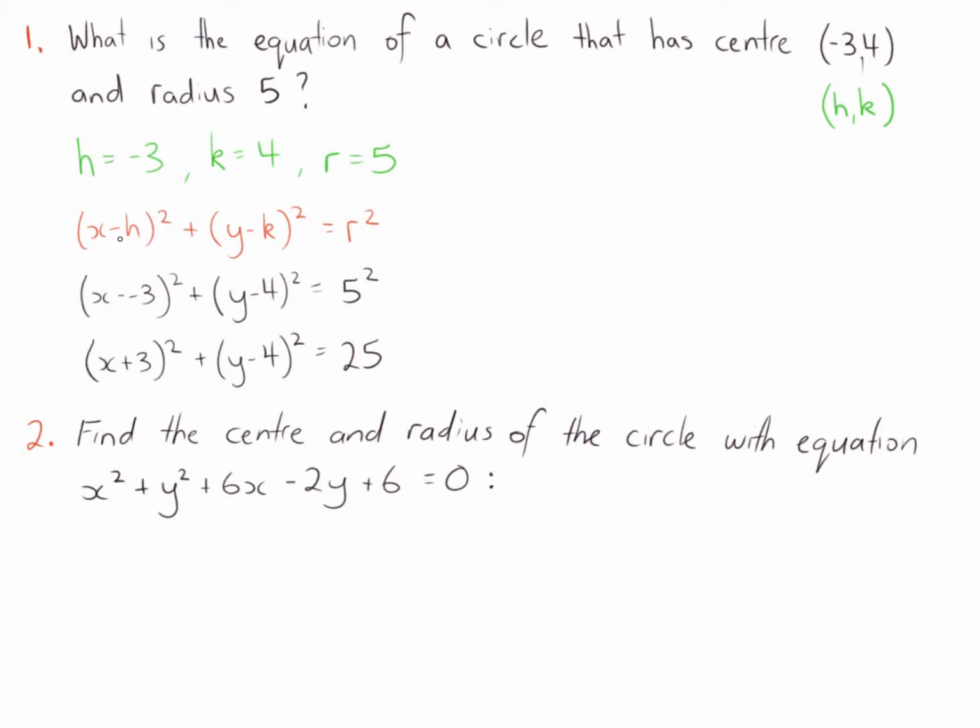So let's first separate the x terms from the y terms. And if you recall from completing the square, we need to add in our own number to each of these so that we can use the perfect square rule.